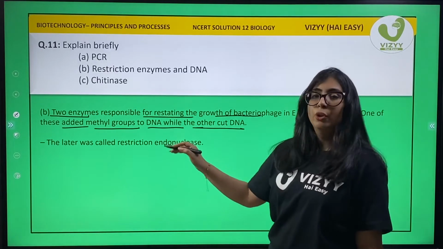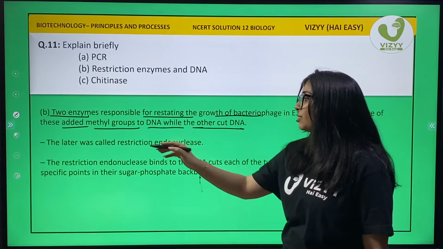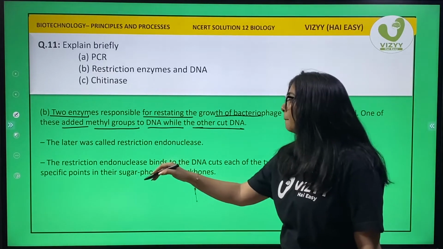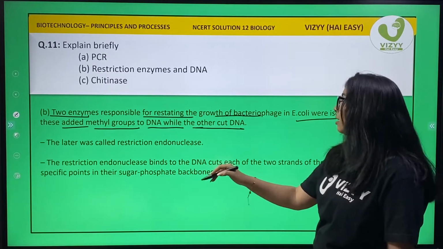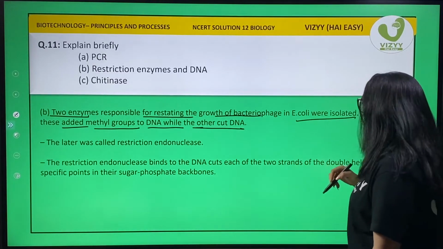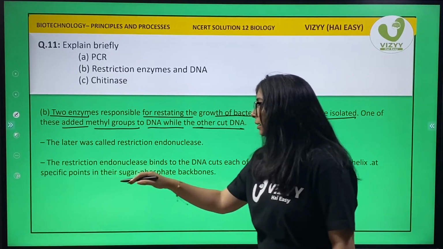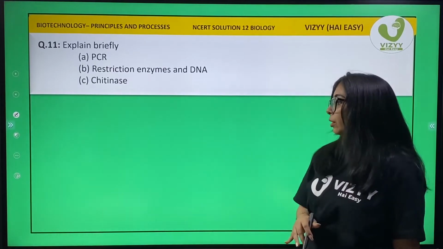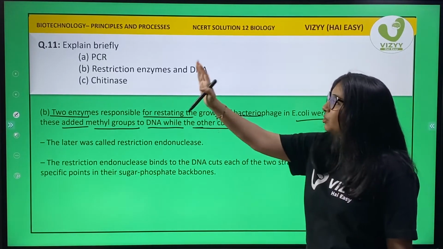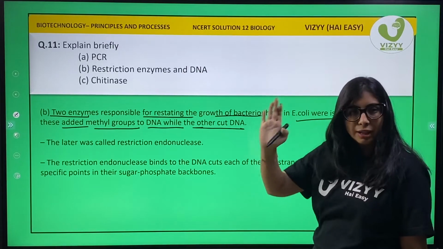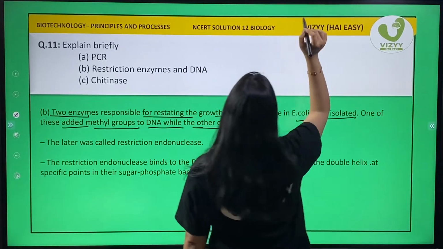Later, they were known as restriction endonucleases. The restriction endonuclease binds to the DNA and cuts each of the two strands of the double helix at a specific point in the sugar phosphate backbone. Just remember that restriction enzymes will cut the DNA, and there are two types, endo and exo.